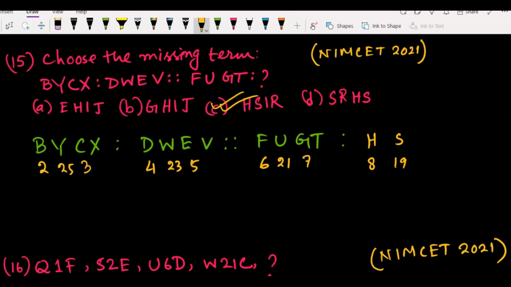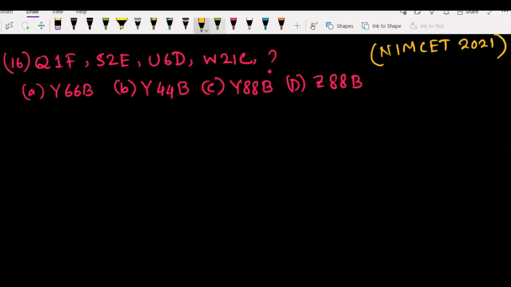Then 7 plus 2, that is 9. 9 means I. And X, that is 24, V is 22, and T is 20. So here is a difference of 2. 20 minus 2 is 18. 18 is R. So option C is the right answer.